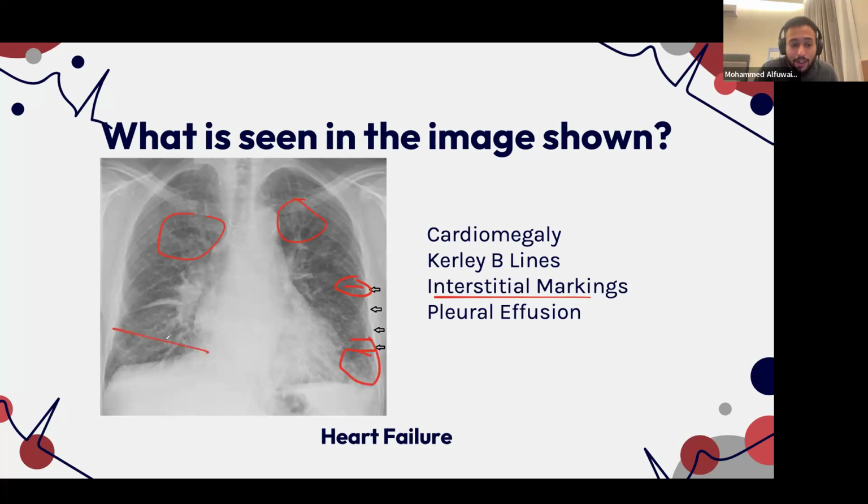However, it can be very severe. With pleural effusion, the costophrenic angle will be gone; it will just be white. These are the signs you see on X-ray for patients with heart failure. Again, this is a very important image for your exam.